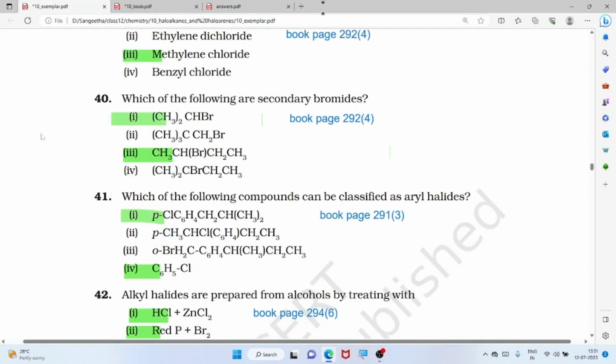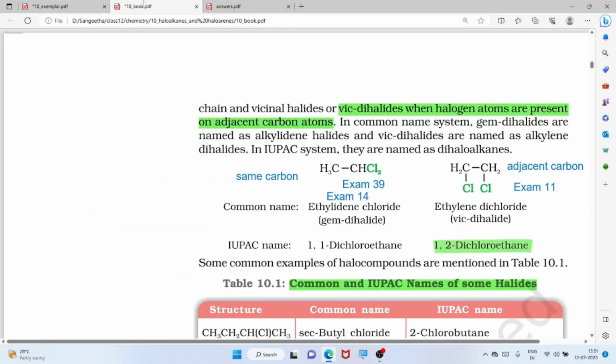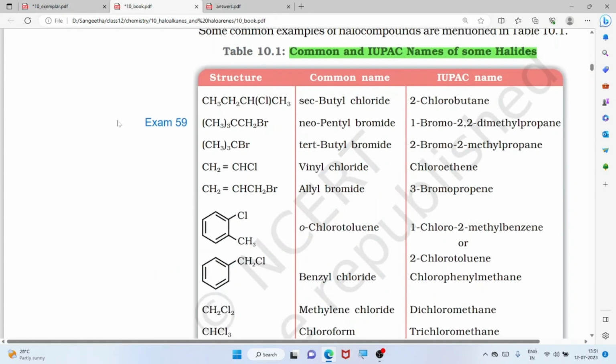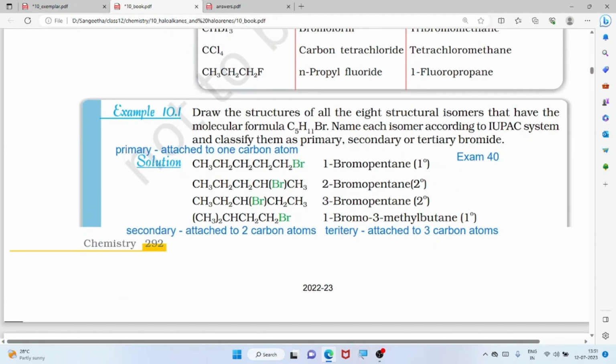Which of the following are secondary bromides? Secondary means the bromide is connected to a carbon atom which is connected to 2 other carbon atoms. Here you see what is primary, secondary, and they are given.